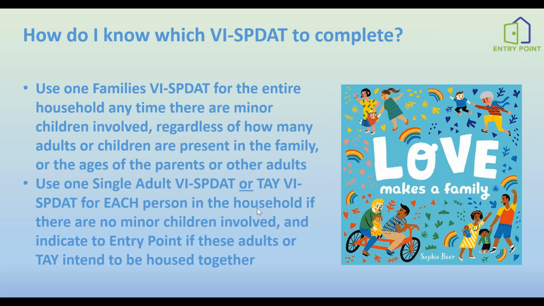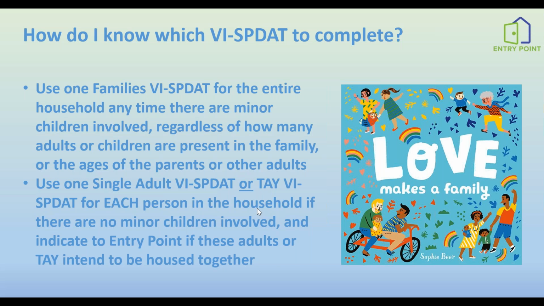Now, maybe you have a mixed constellation of someone who is 27 and someone who is 24, and they are partners or siblings or family of some other kind, and they want to be housed together. Because the 27-year-old is not officially a transition age youth, you're going to use the single adult VI SPDAT for that person.